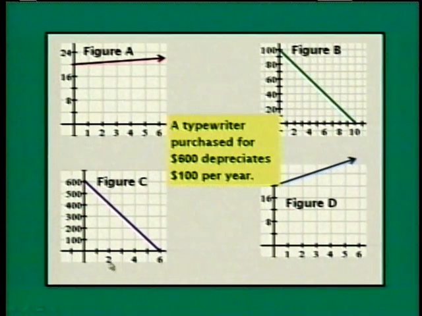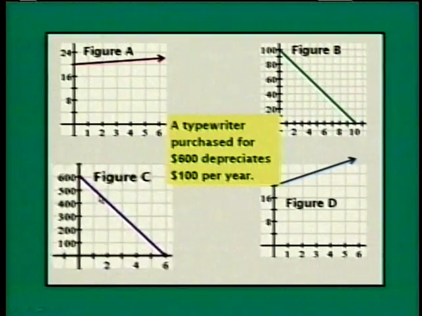I can only see one of these figures that has a vertical intercept of (0, 600). That's figure C. We're also told that the typewriter depreciates $100 per year. So after a year, the typewriter should only be worth $500. And the point (1, 500) looks like it lies on this line.